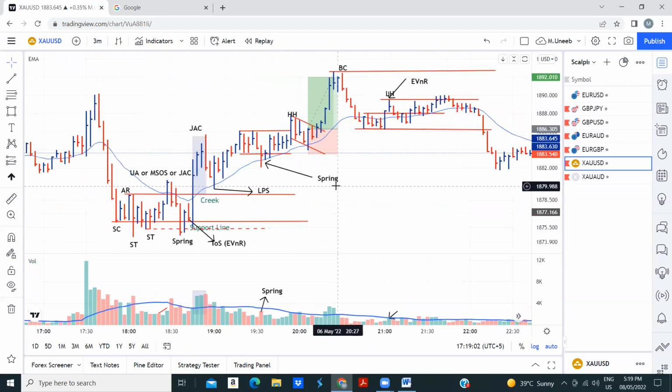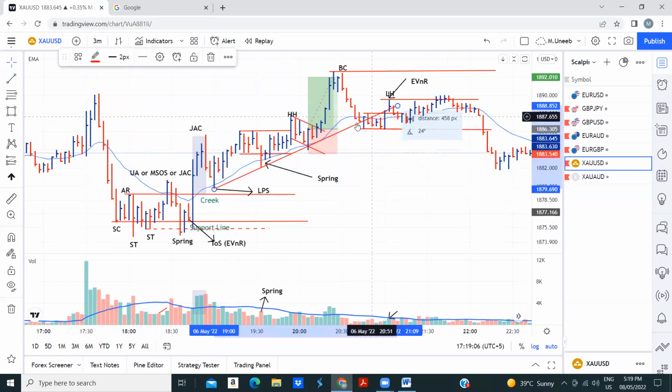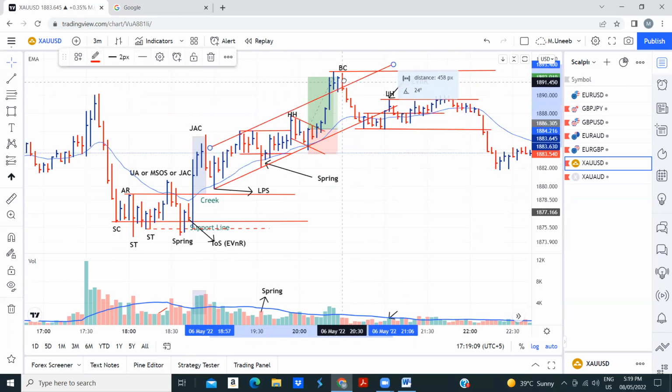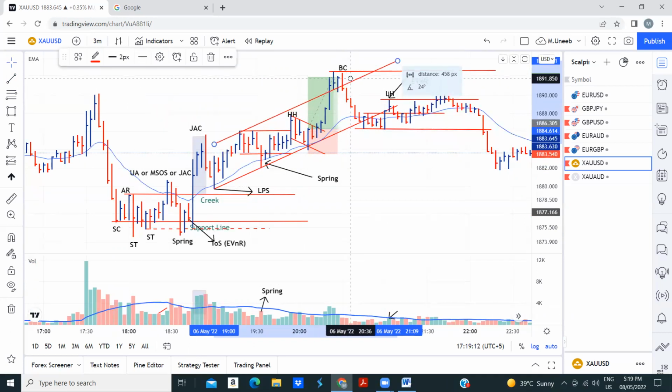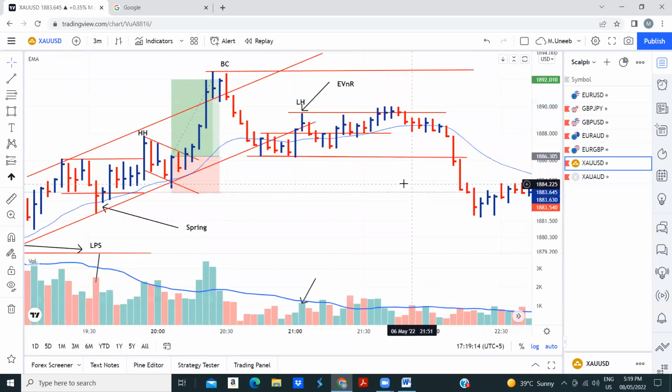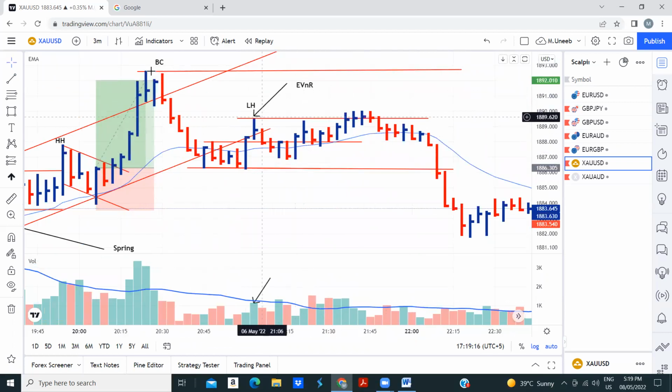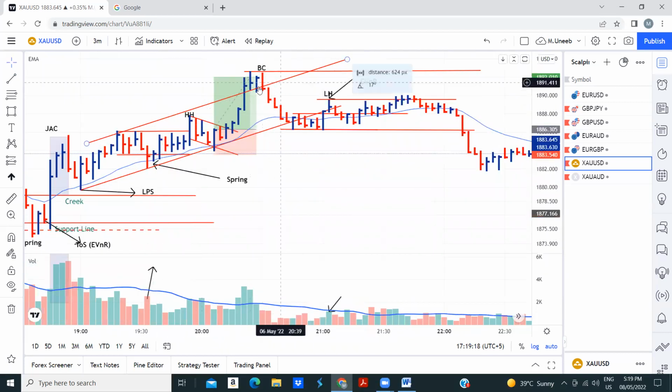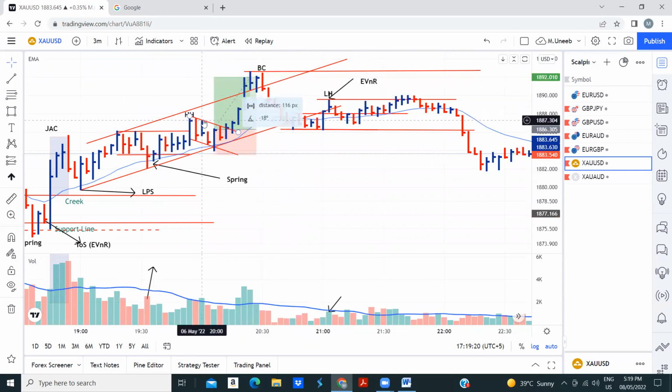And if you draw the channel, for example, across the peak, you will clearly see overbought. Make sense? So this was actually not a reaccumulation from here. If you draw the channel, you can easily see it. Let me remove this extra one.